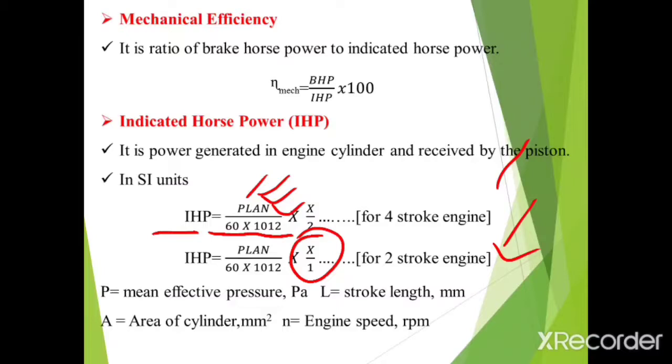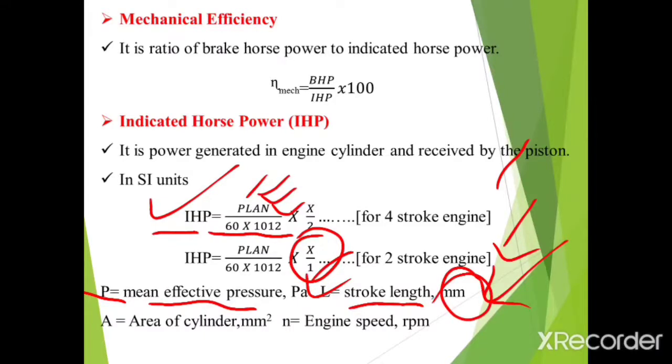In this SI formula, the pressure means mean effective pressure, in Pascal. Here L is the stroke length in mm, the area is in mm square, and N means engine speed in RPM.